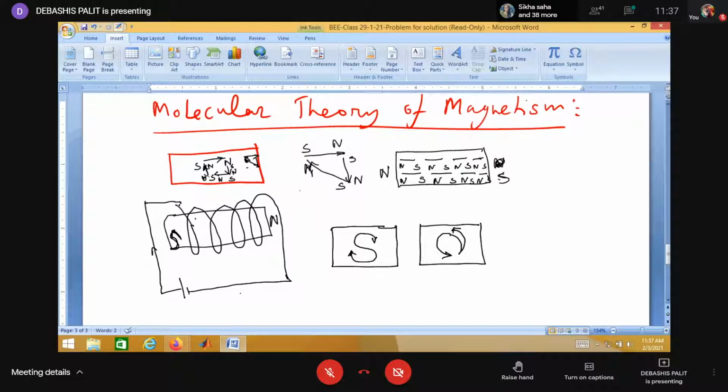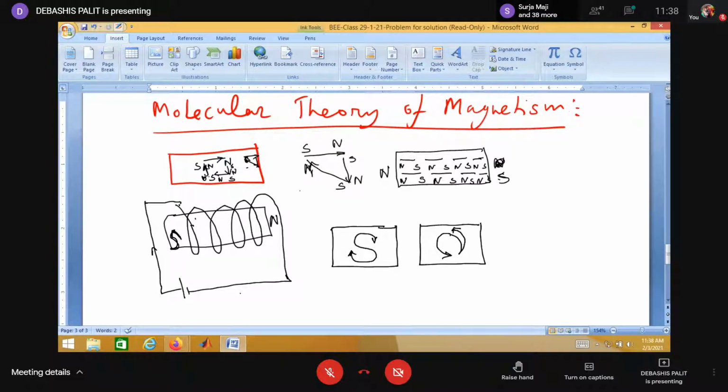Actually, there are some examples of ferromagnetic material: iron, nickel, cobalt. They can be magnetized intensely, along with some alloys. Paramagnetic material like aluminum, antimony, etc. cannot be magnetized, and diamagnetic material, which has very little magnetic property, includes water, quartz, silver, copper.